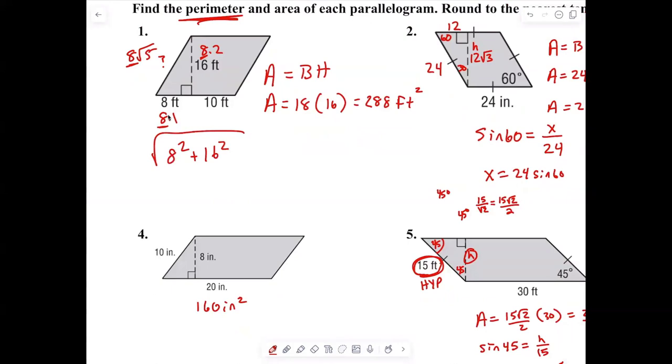It's A squared plus B squared equals C squared. We've been doing that for a long time. 1 squared plus 2 squared equals C squared. 1 plus 4 equals C squared. 5 equals C squared. C equals square root of 5.